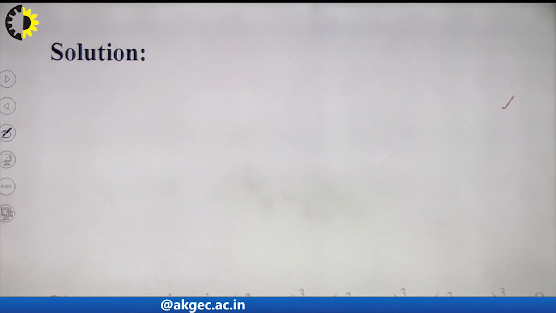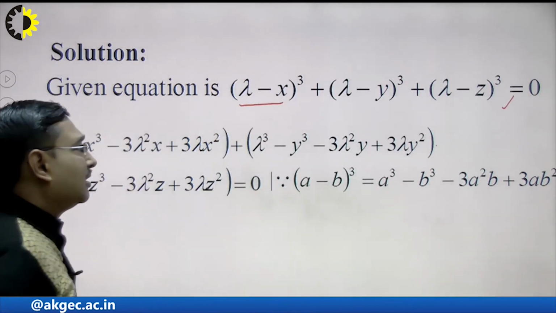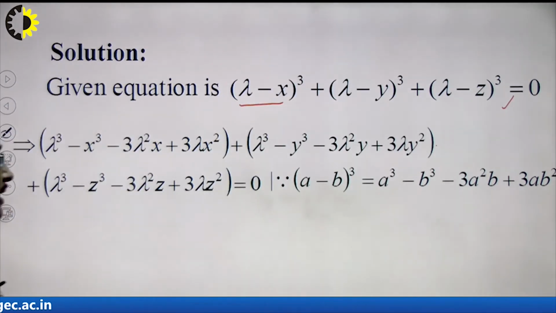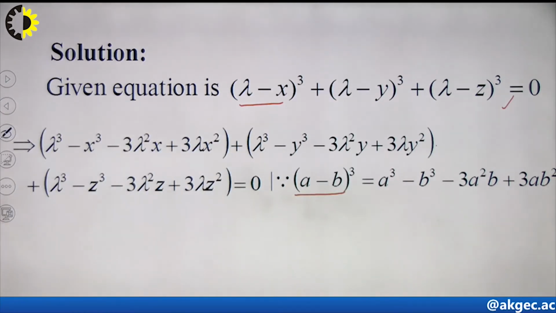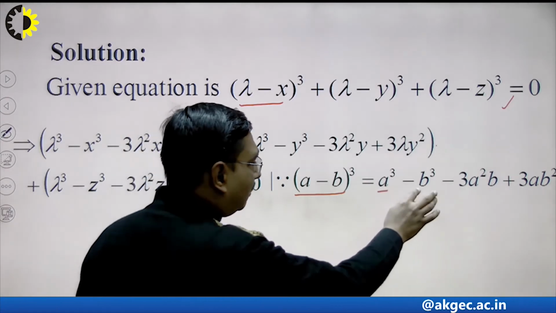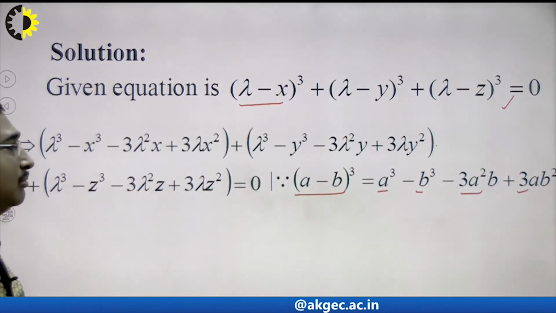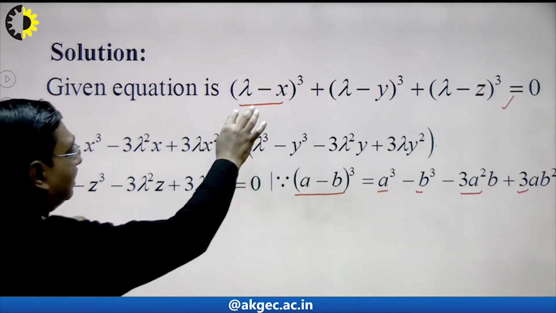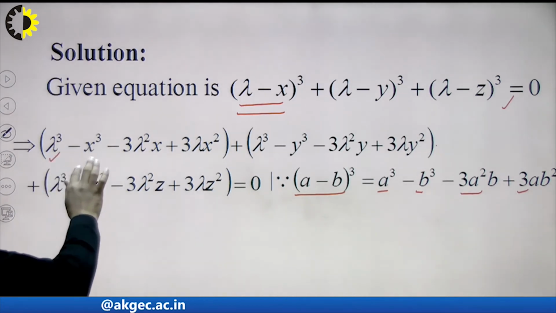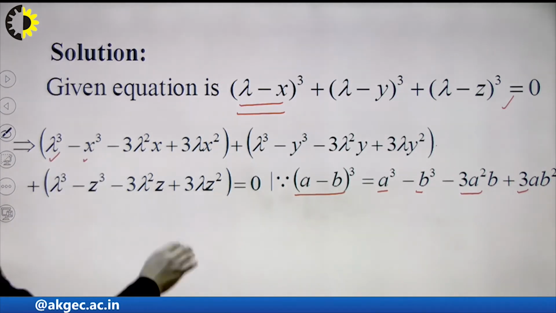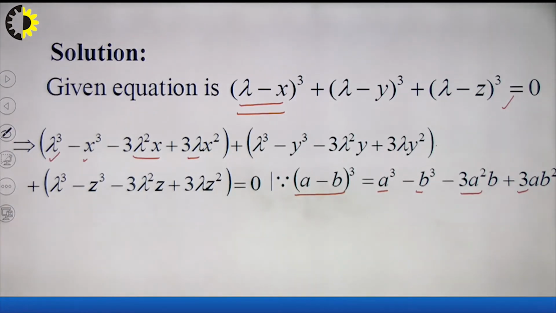so that we can apply these formulae mentioned here. So I expand this lambda minus x whole cube by using the formula a minus b whole cube. A minus b whole cube is a cube minus b cube minus 3a square b plus 3ab square. So, this term lambda minus x whole cube will give lambda cube minus x cube minus 3 lambda square x plus 3 lambda x square.